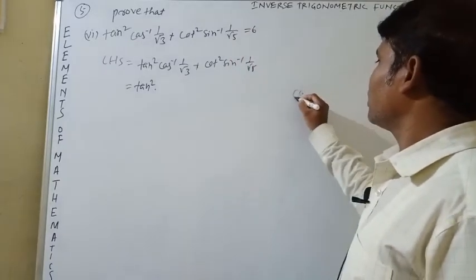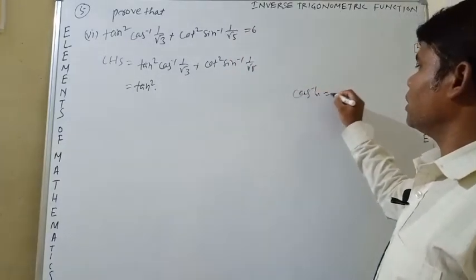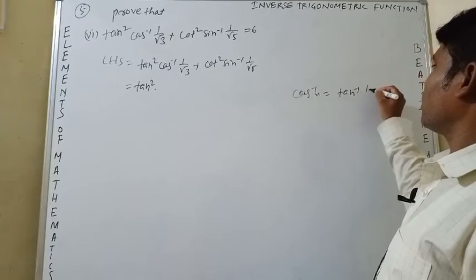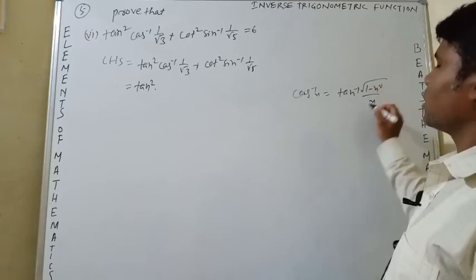You see cos inverse x is equal to tan inverse root of 1 minus x square by x, okay.